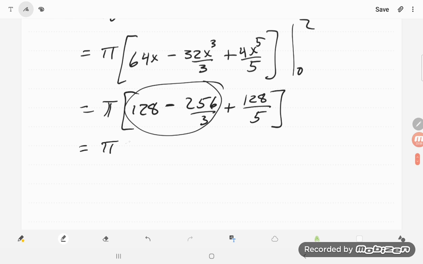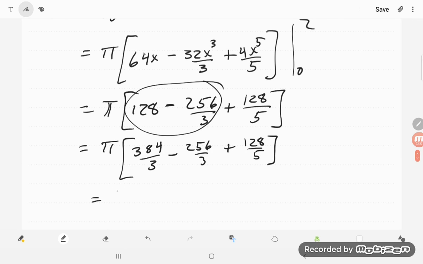So this is pi times 384 over 3 minus 256 over 3. But 256 is just 2 times 128, so really we just have 128 times 1 minus 2/3, plus 128 over 5. And so again the arithmetic works out nicely in that we get the 128 over 3 plus the 128 over 5.